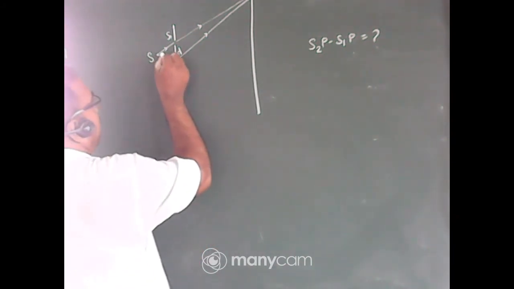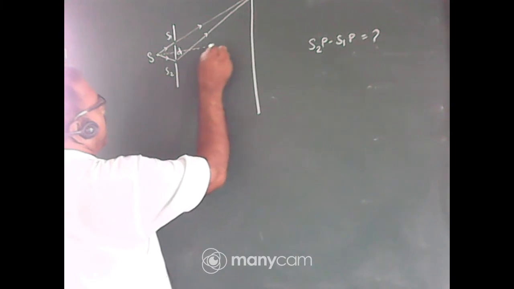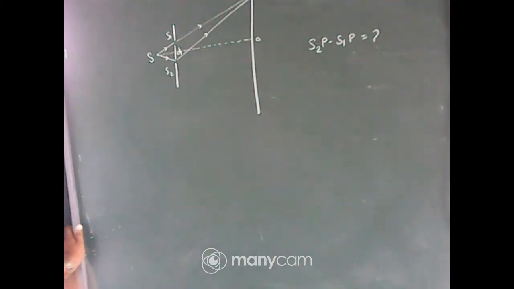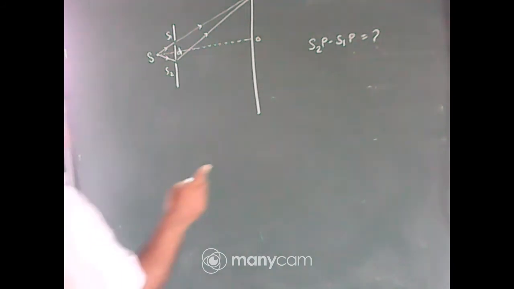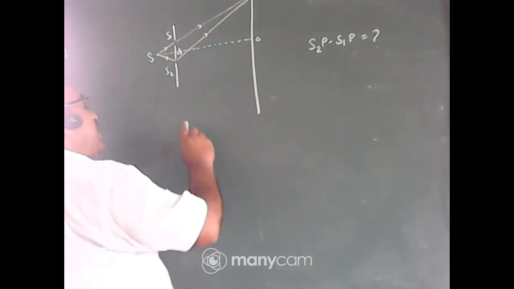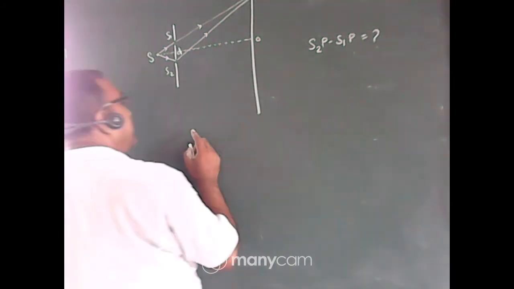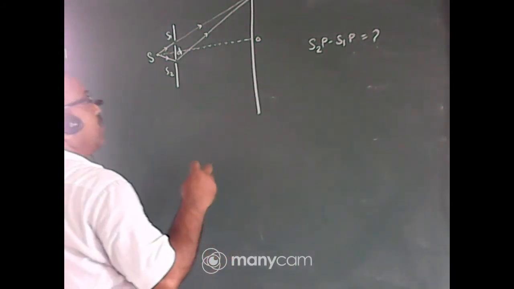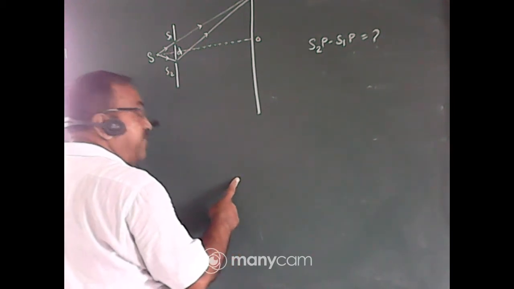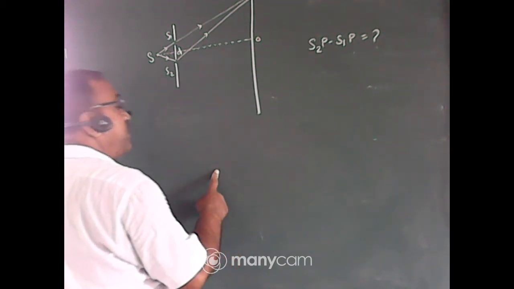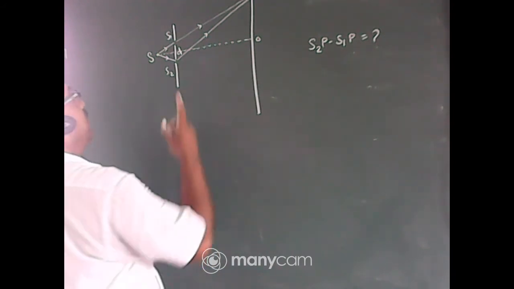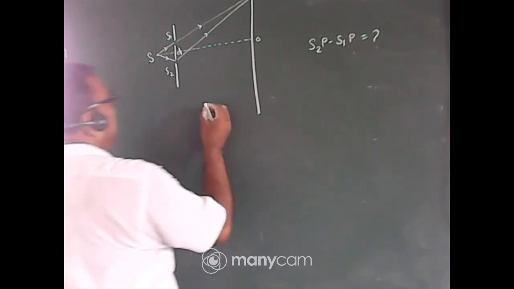So you know it, the central one is the bright fringe, that is O. Bright fringe. Next is the dark fringe. Next is the bright fringe, again the dark fringe, again the bright fringe. Now you calculate the fringe width, that means the distance between two successive bright fringes or two successive dark fringes. So how can we derive it?